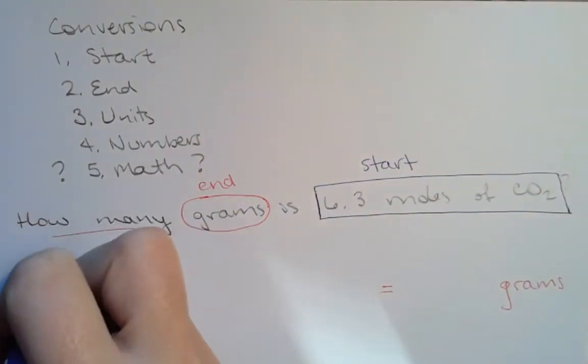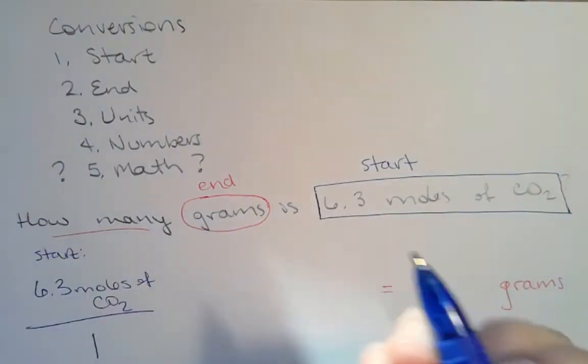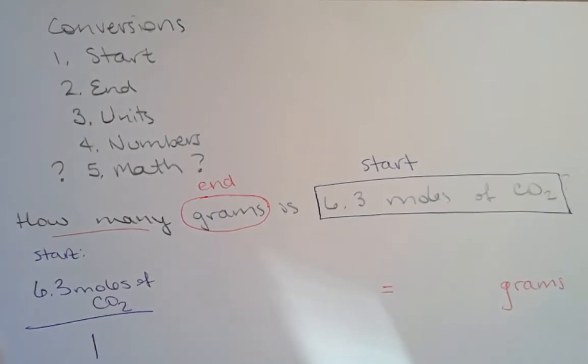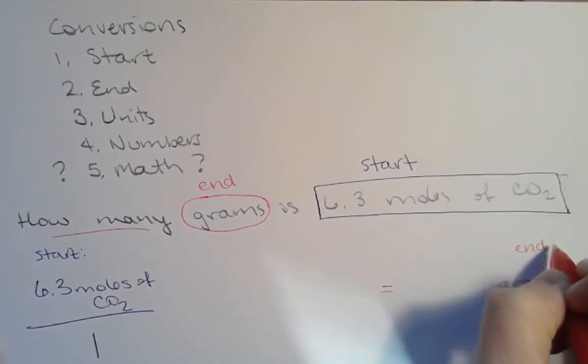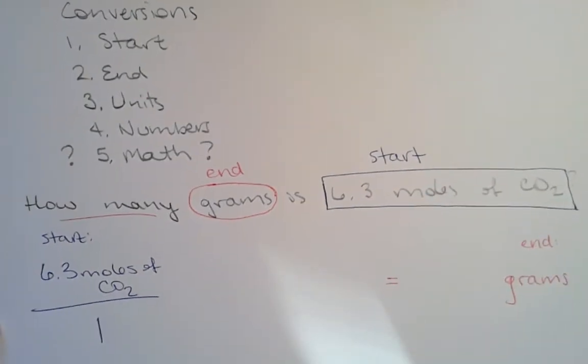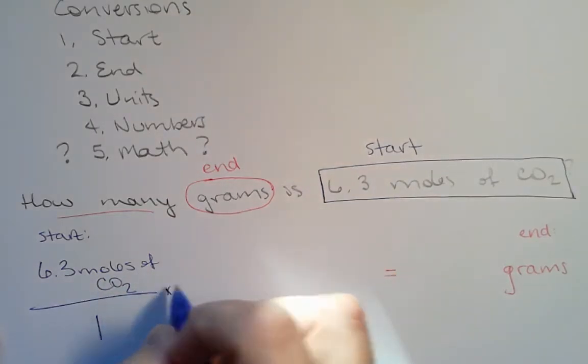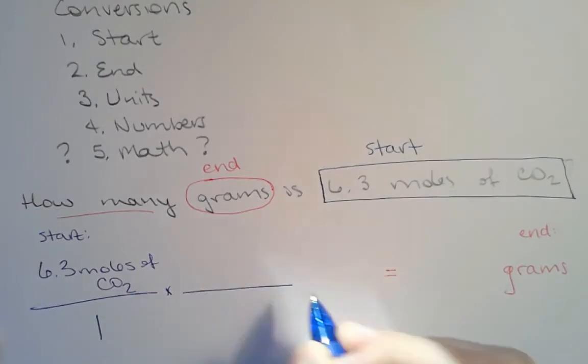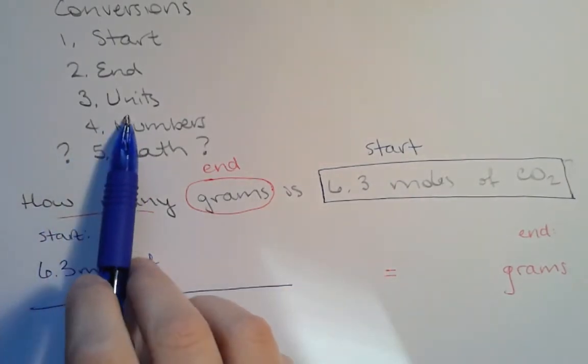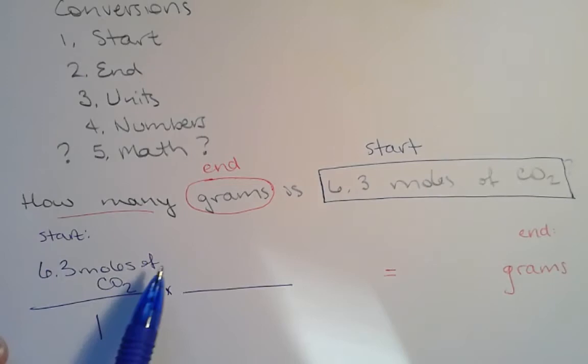So we're starting with our number and its units, and we're ending with the units we want. In the middle, this video is assuming that you've got the first 4 steps figured out, including in the middle, we've got some sort of conversion, and we need the units first.